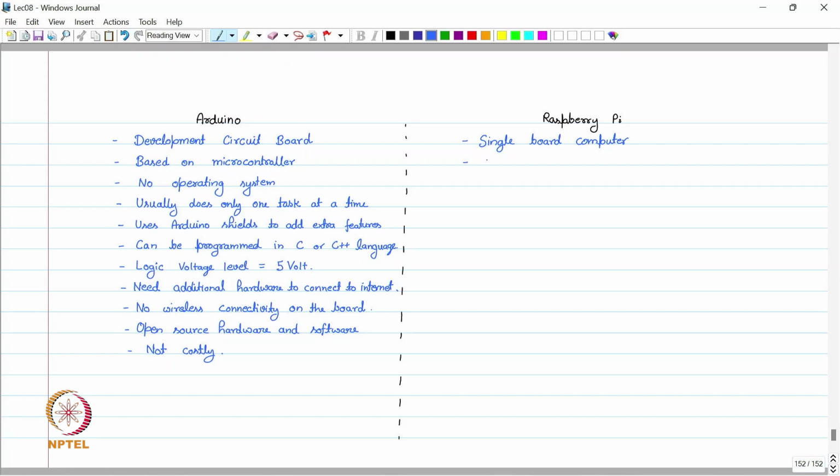This is based on a microprocessor, and it has an operating system which is Raspberry Pi OS, which is a Linux based operating system.